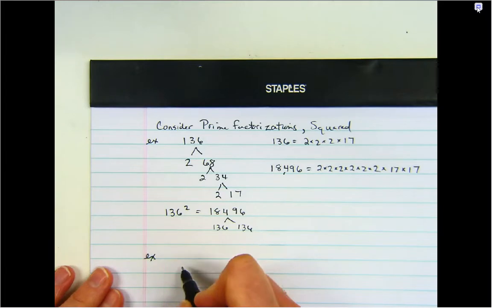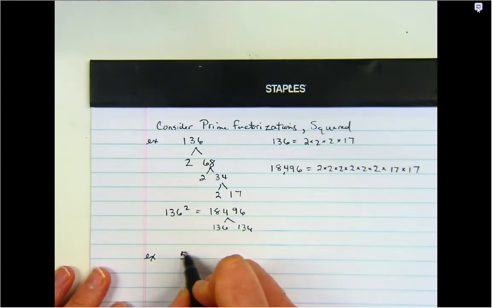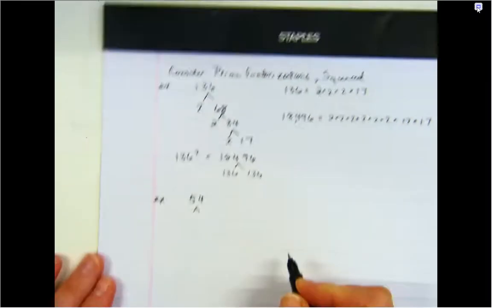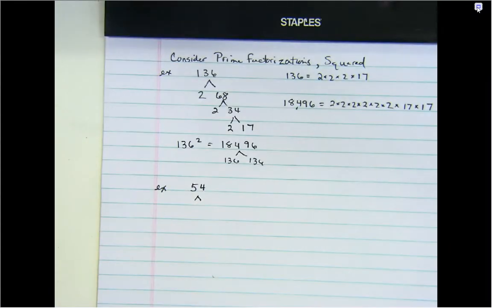Let's try another one. How about 54? So go ahead and find the prime factorization of 54.